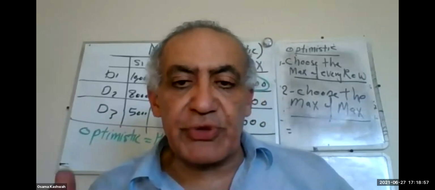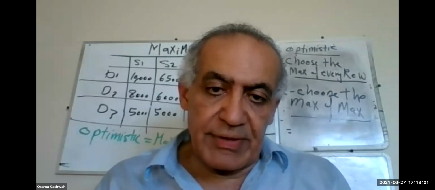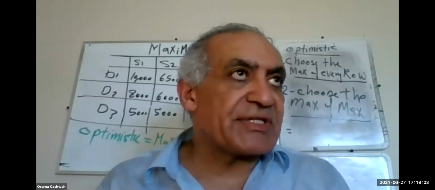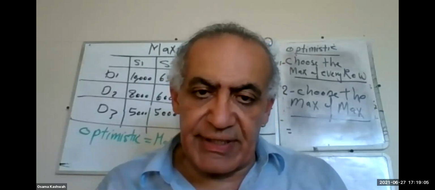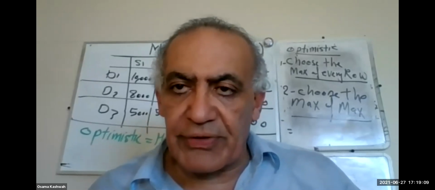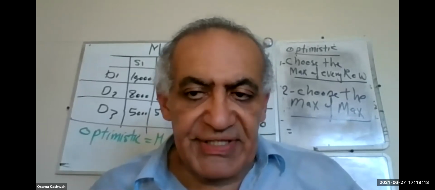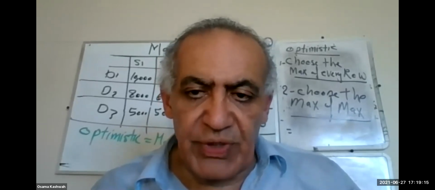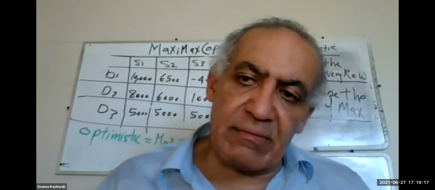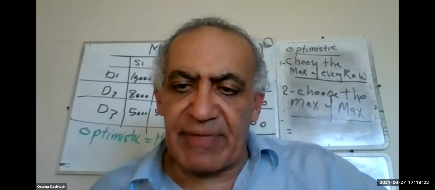We are going to talk now about the third criterion in decision making under uncertainty. We are done already with the max, the optimistic, and with the Laplace. Let us see now max of the min.